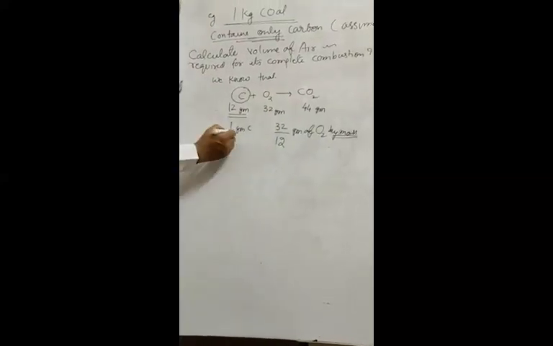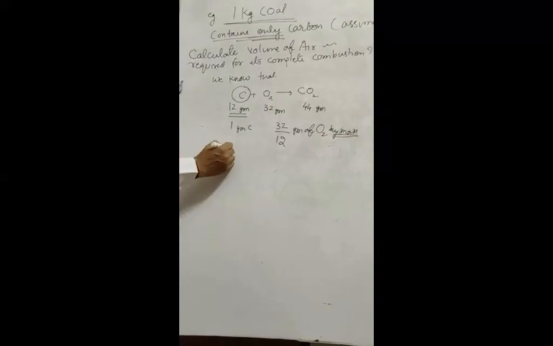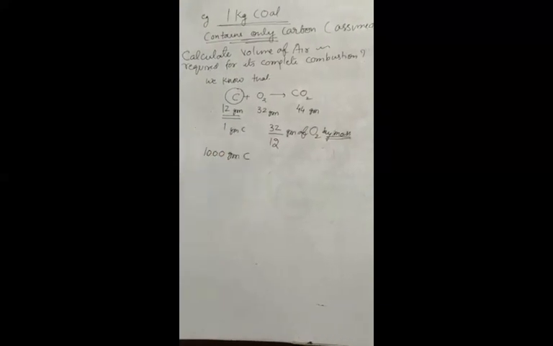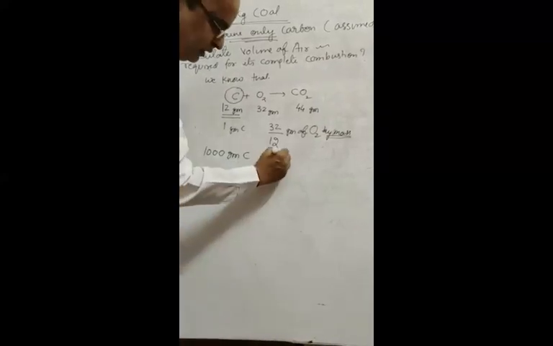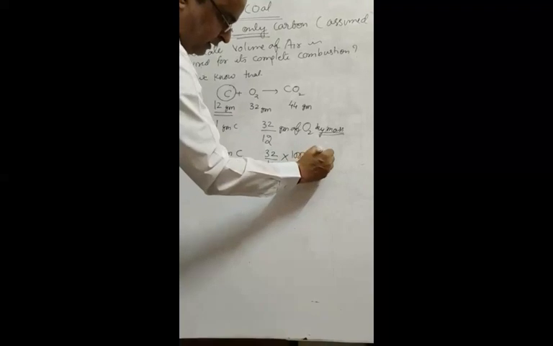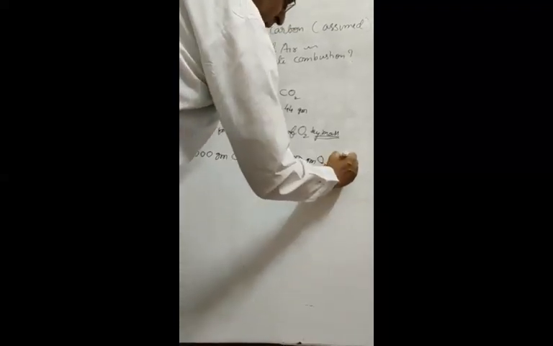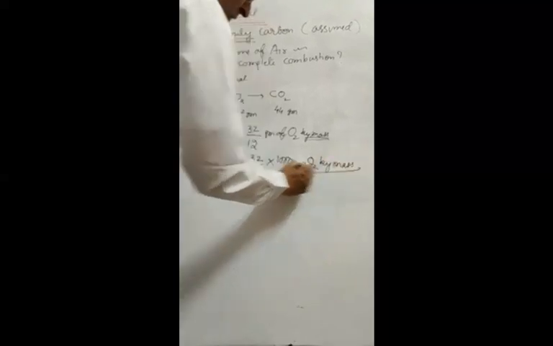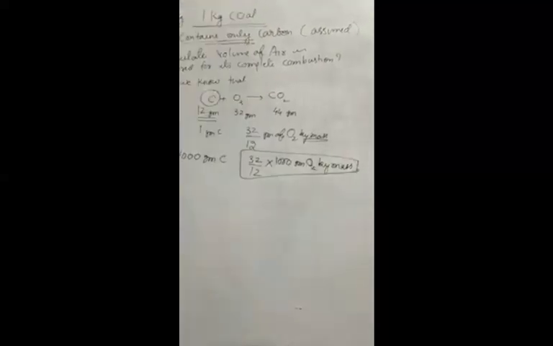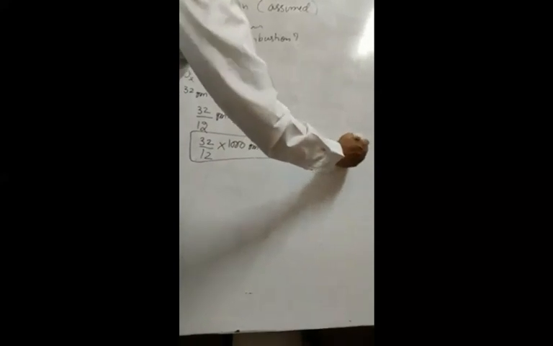Now you are considering 1 kg of coal, so 1000 grams of carbon will require 32 by 12 into 1000 grams of oxygen by mass. So this much mass of oxygen is required.